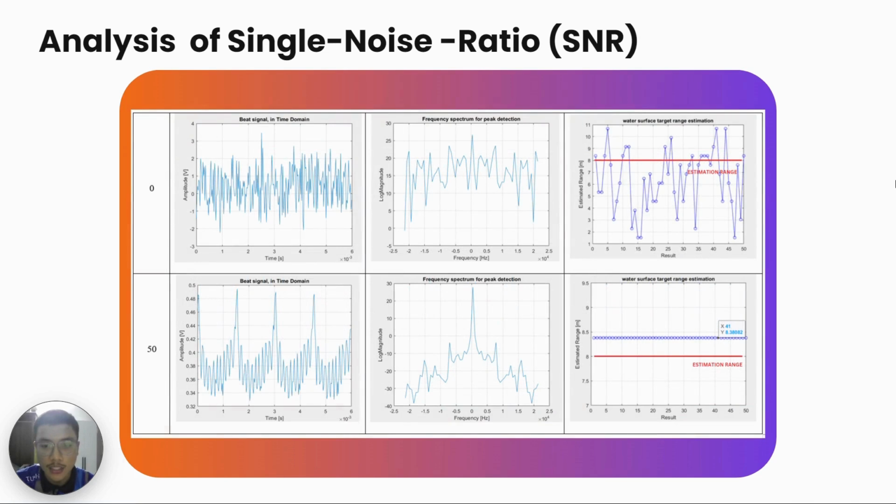At high SNR, the algorithm detected the signal well. At low SNR, it struggled, and the range estimate was a bit far off. For the testing, we used different SNR levels from negative 50 dB to 50 dB to test how well the code works under various noise conditions. So this is the purpose of the SNR analysis.